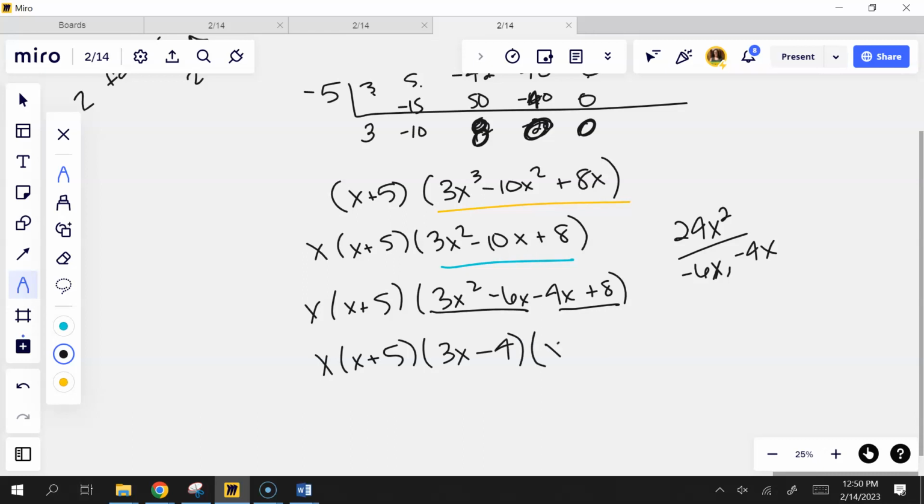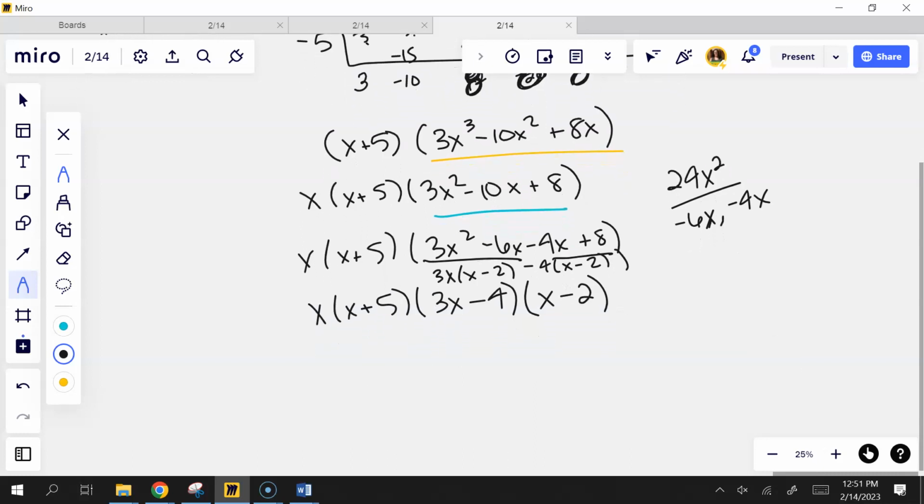It leaves me with x minus 2. It changed the last sign, negative 4. All right, we did all that to find the zeros.